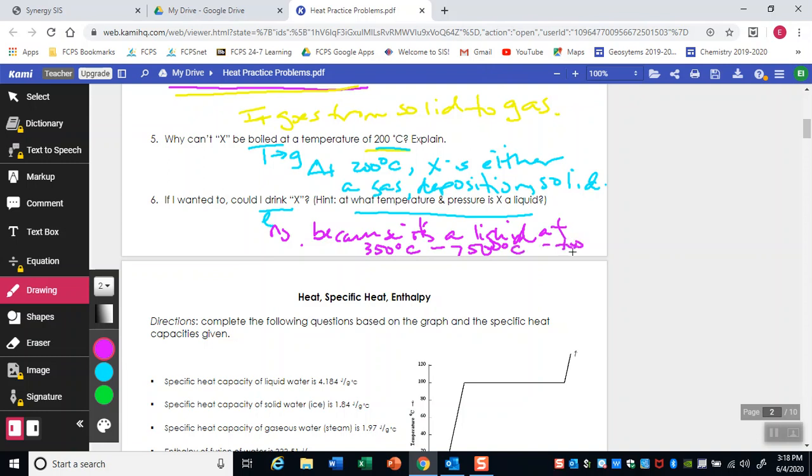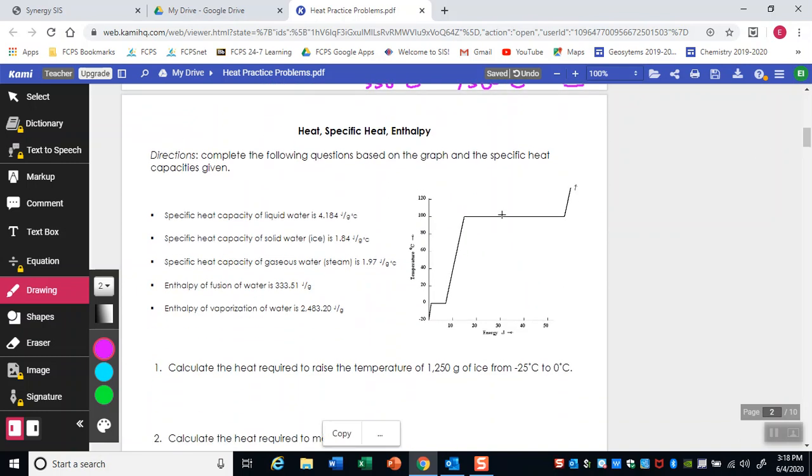All right, too hot. All right, and I guess we actually did this second page here too.